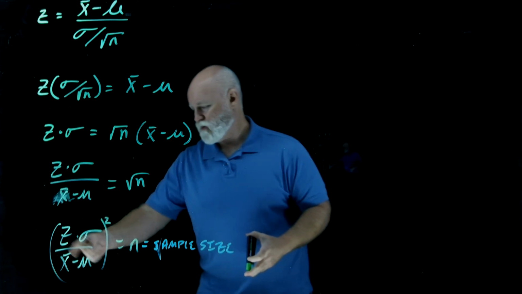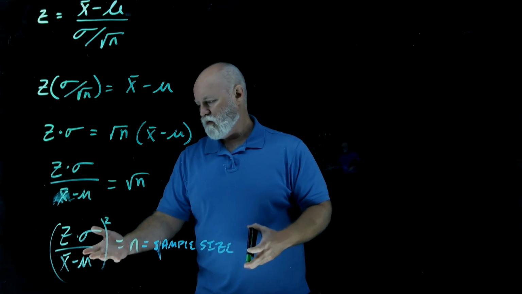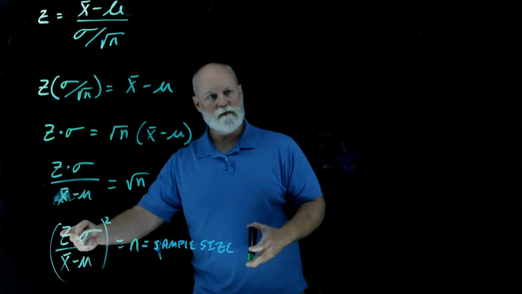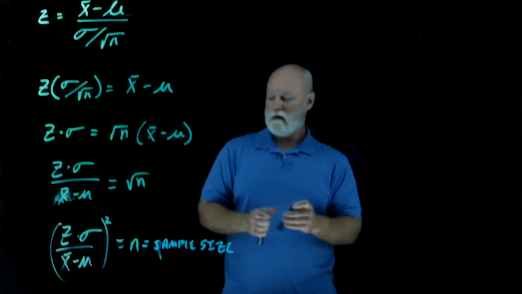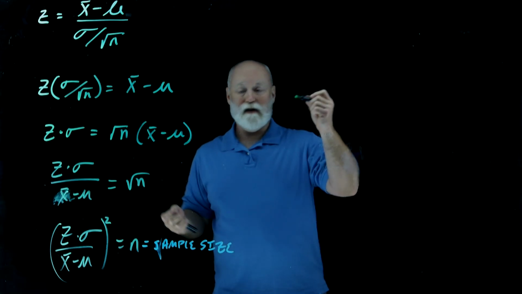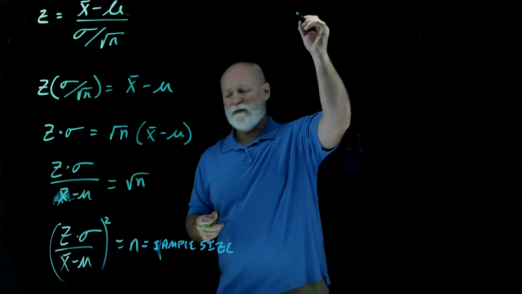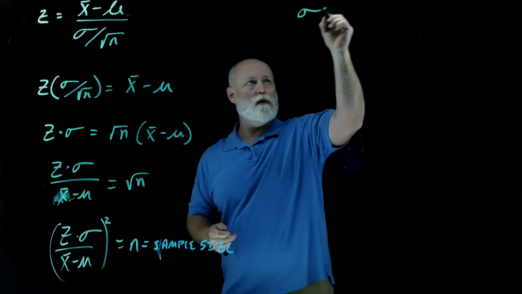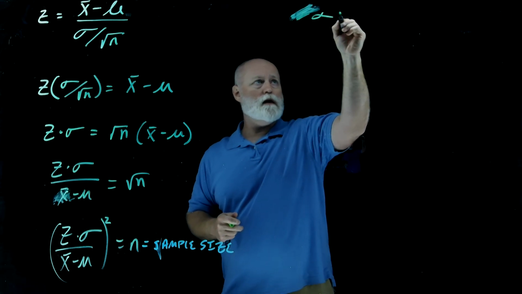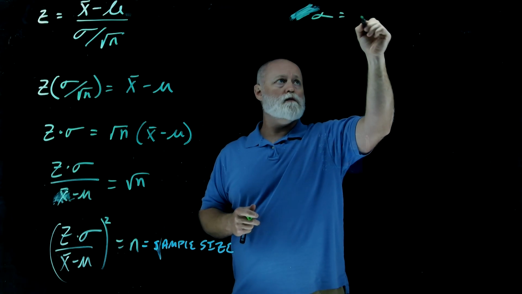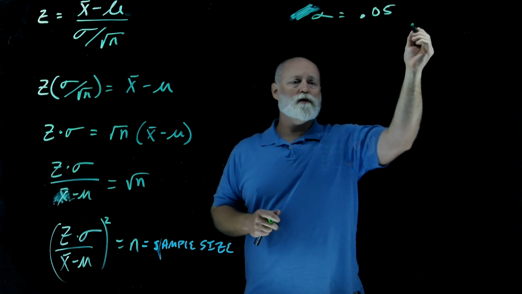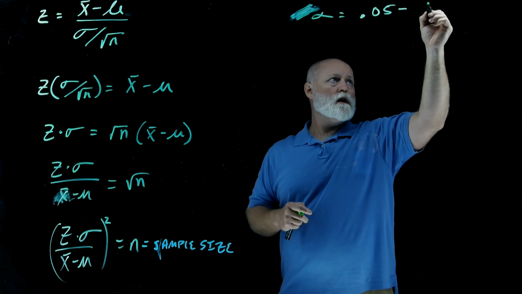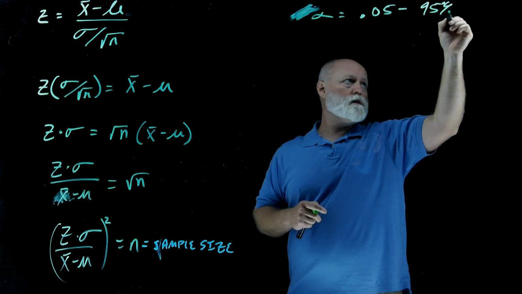When we look through this, we're saying I can plug in a value for z. I know a particular confidence interval. Let's say that I have a predetermined value of some sort, like I want alpha to be equal to 0.05, which corresponds with a 95% confidence interval.